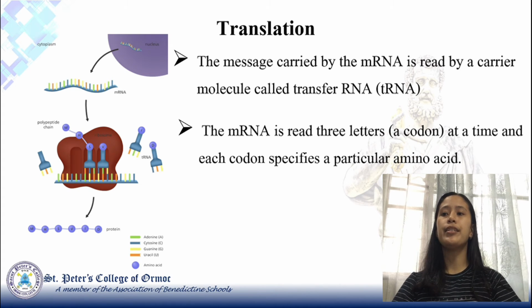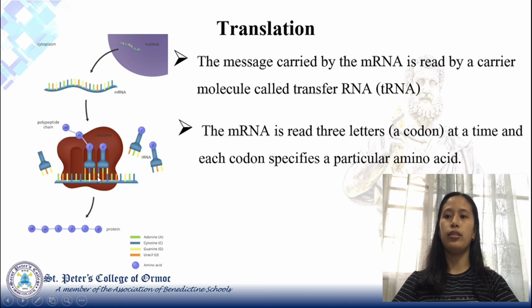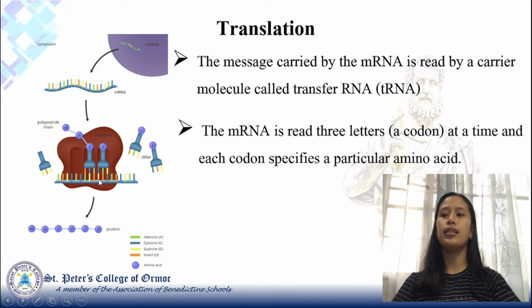When the mRNA sequence is read, each tRNA molecule delivers its amino acid to the ribosome and binds temporarily to the corresponding codon on the mRNA molecule. Remember that amino acids are the building blocks of protein, and so these amino acids will join together into a long chain called a polypeptide, which eventually becomes the protein itself.